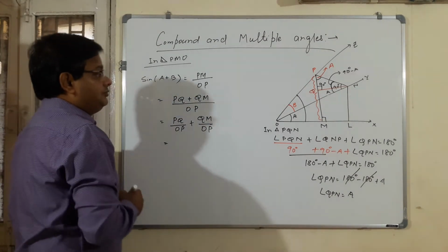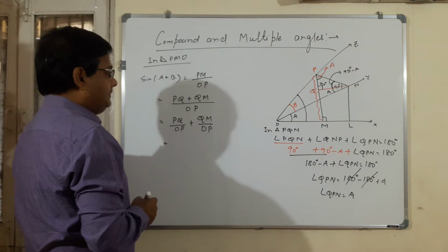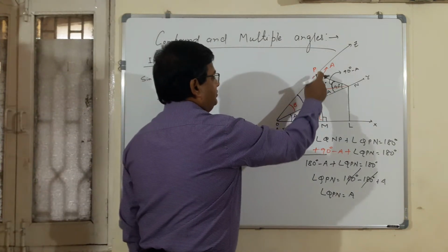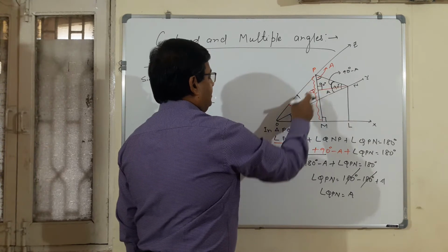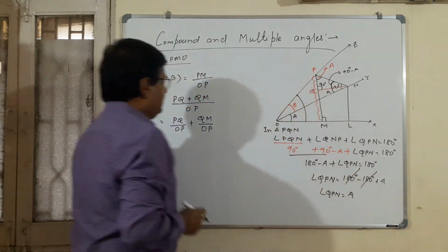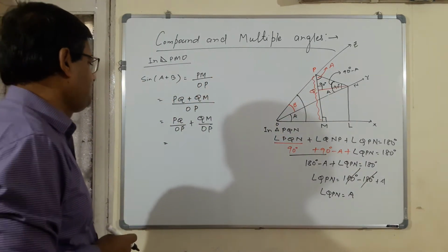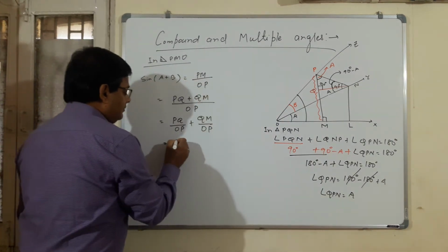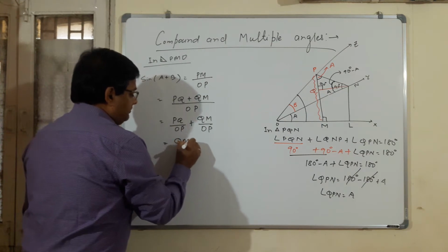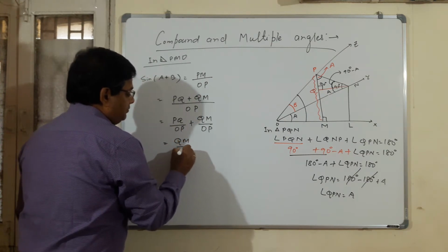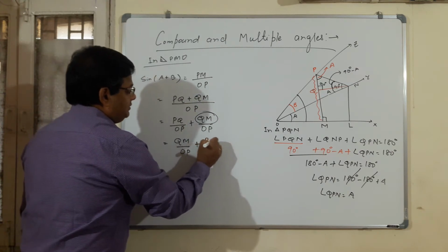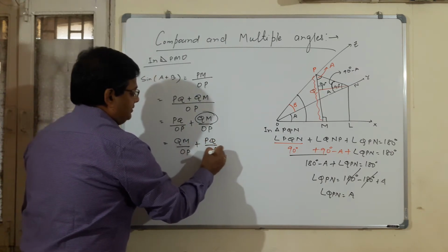PQ divided by OP, there is no relation. So I am writing here QM over OP plus PQ over OP.